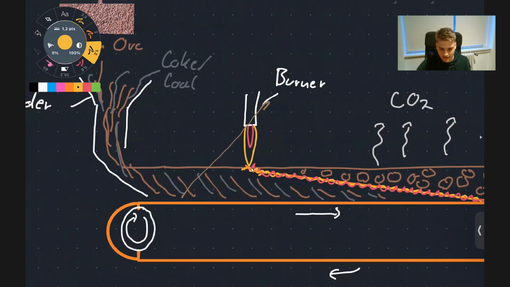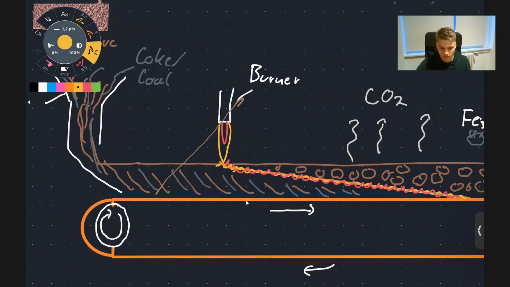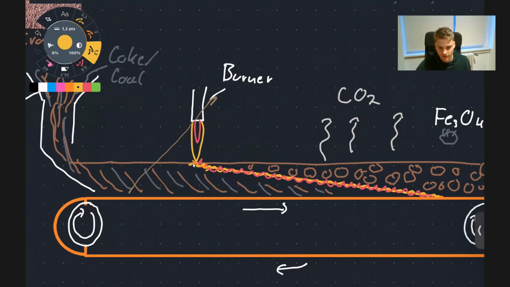This burner ignites the coal, and the coal is now burning through the bed to the bottom. But because the treadmill is moving to the right, this burning to the bottom of the mixture bed happens in a more diagonal line here.